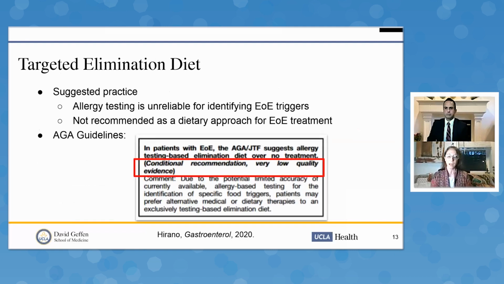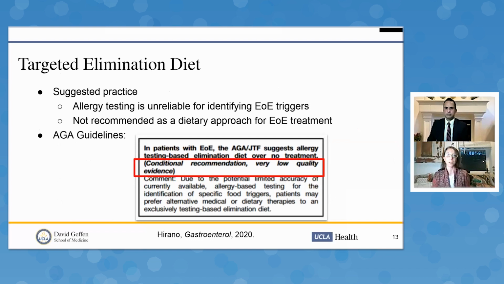So at this point in time, the suggested practice is not that we send every patient to an allergist and automatically have them tested for food allergies to look for EoE triggers. Actually, we want to instead use one of the other diet approaches as our first-line treatment for diet options. And of course, allergy testing can be very helpful for patients who have an overall allergic profile.